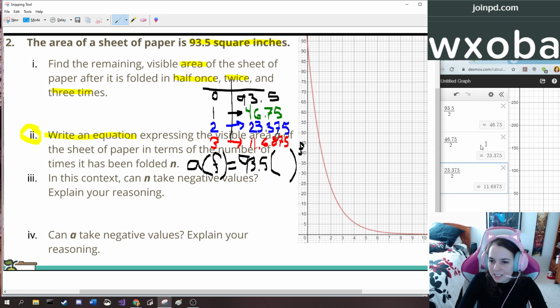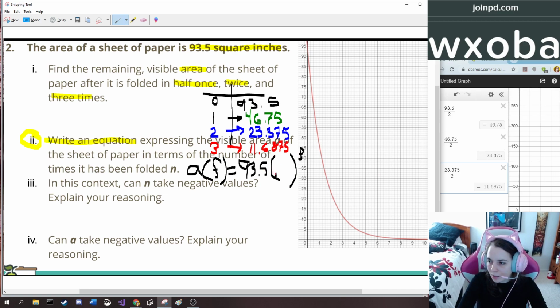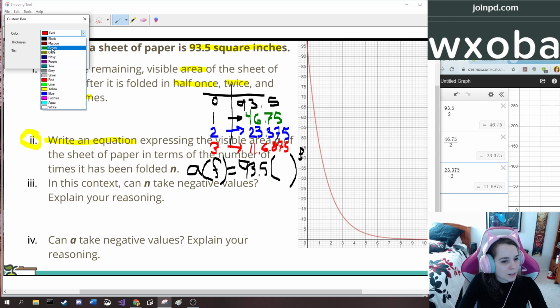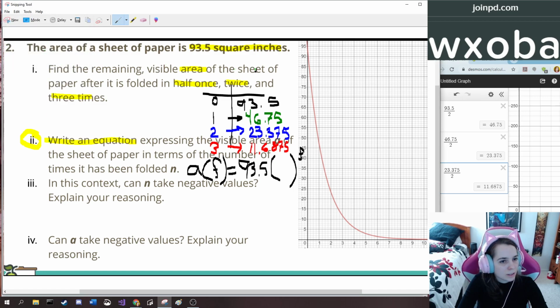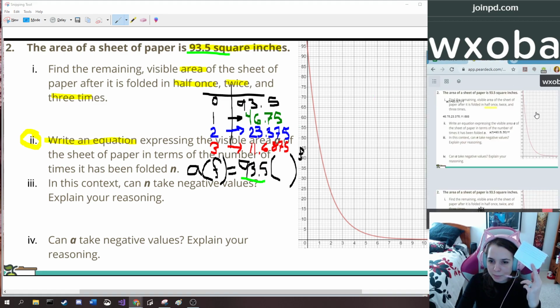So what is it changing by? What factor belongs in here? My starting value was given to me as a number right here. So then what's my rate of change? What's the area changing by as I fold the piece of paper?